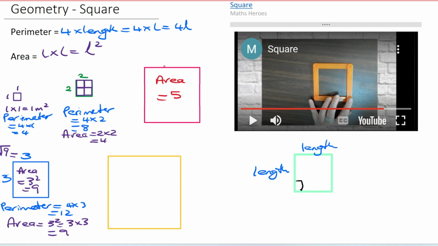Well, the area is 5, so the length of this is the square root of 5. Because the square root of 5 times the square root of 5 is the square root of 25, and the square root of 25 is 5. So that would give me an area of 5.